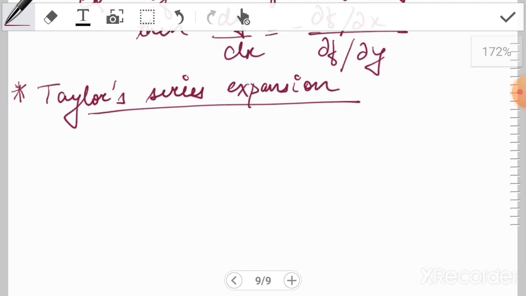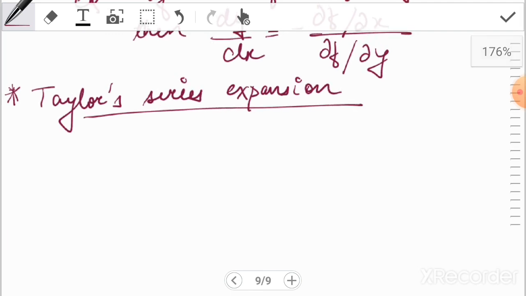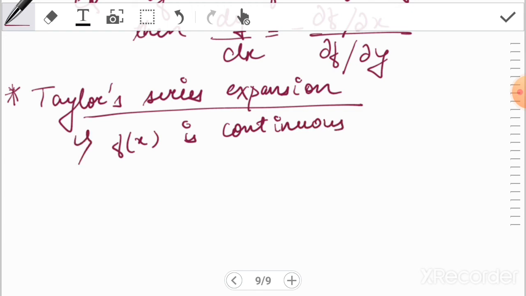So if f(x) is a function defined such that, first, f(x) is continuous in the closed interval [a, a plus h].